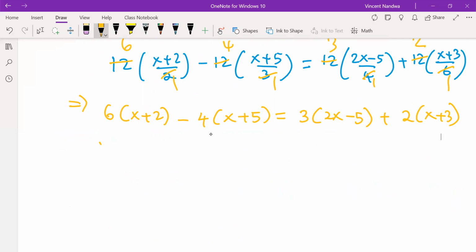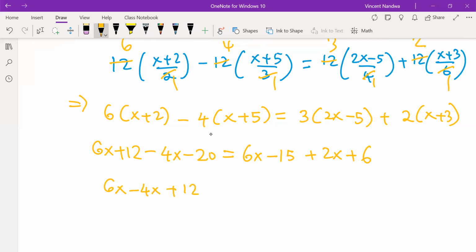We'll have 6x plus 12 minus 4x minus 20 equals 6x minus 15 plus 2x plus 6. So 6x minus 4x plus 12 minus 20 equals 6x plus 2x minus 15 plus 6.